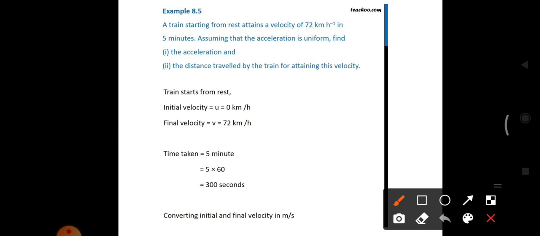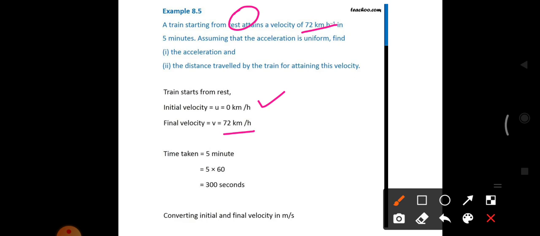Train starts from rest, so the initial velocity u equal to 0 km per hour, because at rest position there is no velocity. It attains 72 km per hour, so final velocity v equal to 72 km per hour.